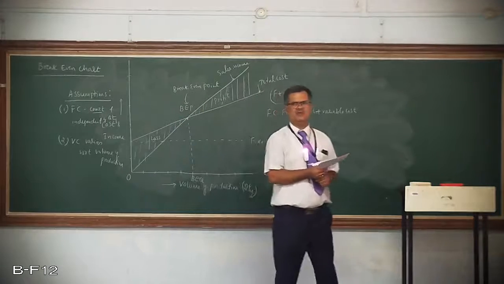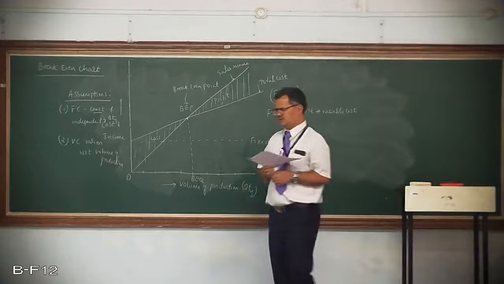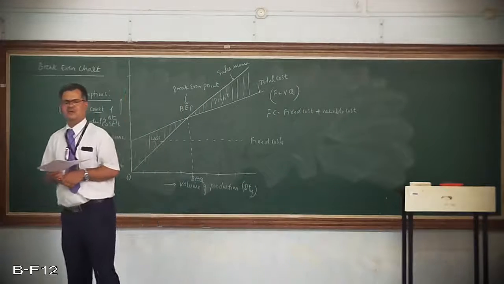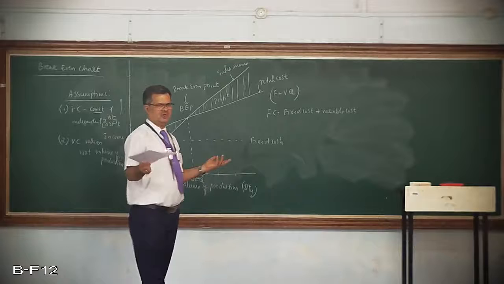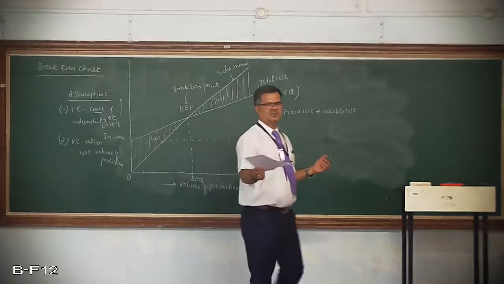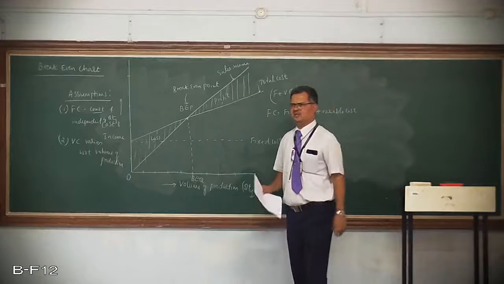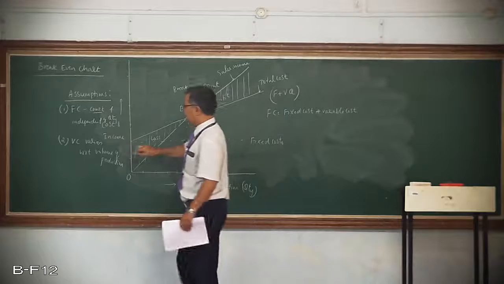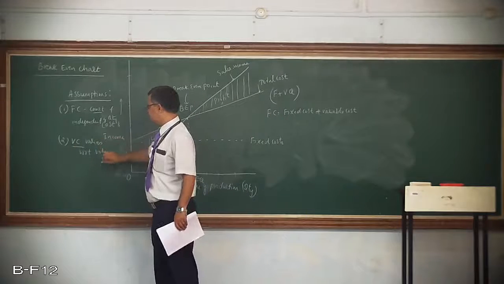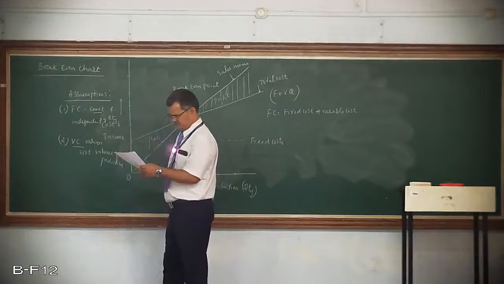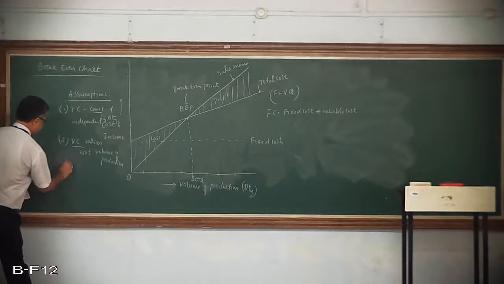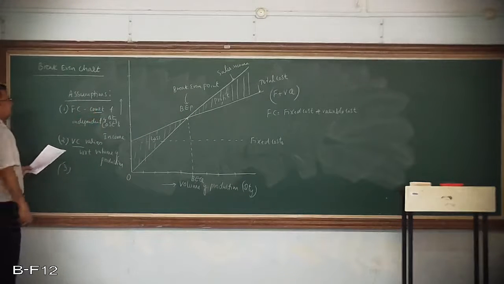For example, to manufacture 20 components per hour, depending on 2 labors or 3 labors. To manufacture 60 components per hour, you require extra additional 3 or 4 and all. So that's why I said the variable cost varies with respect to volume of production. And the third assumption made here to draw this break-even chart.